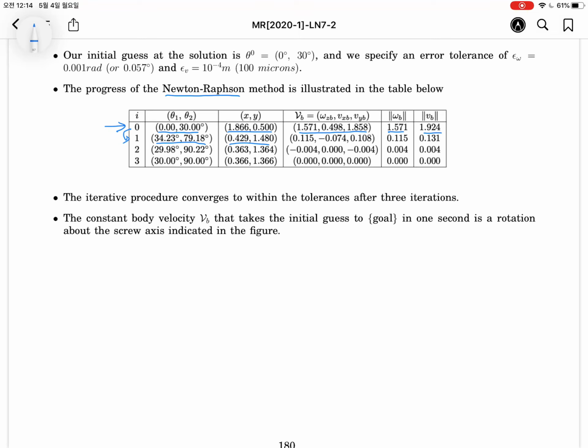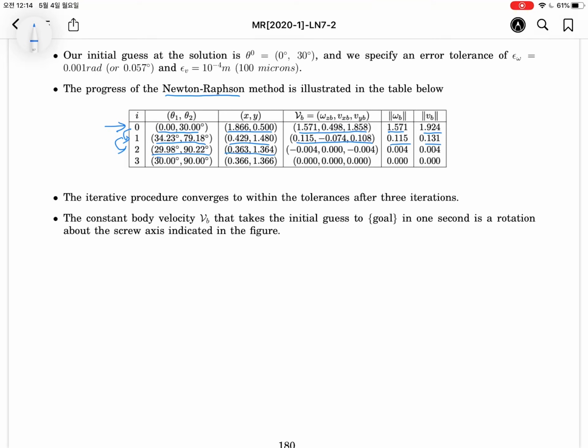After the first step, we have a big difference, and then x, y, and the point, and the body twist is calculated using the TPS, TPD. At that time, the omega b and the VB are a little bit large. We will apply one more step.